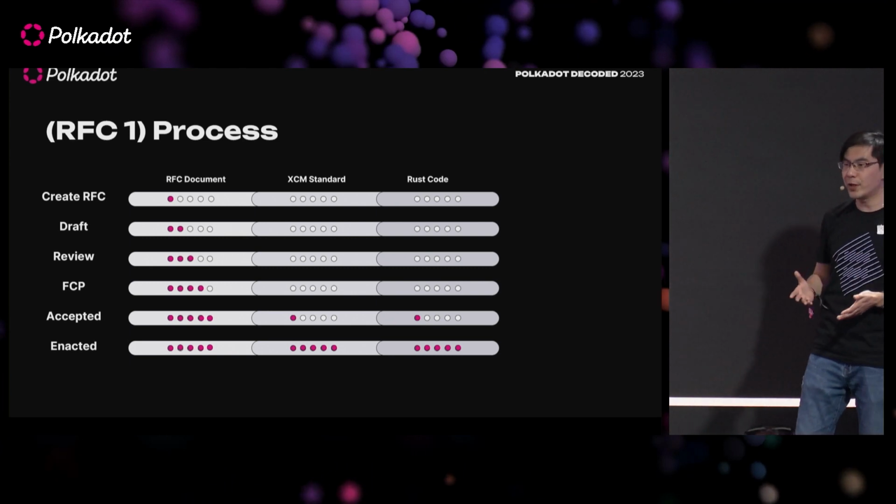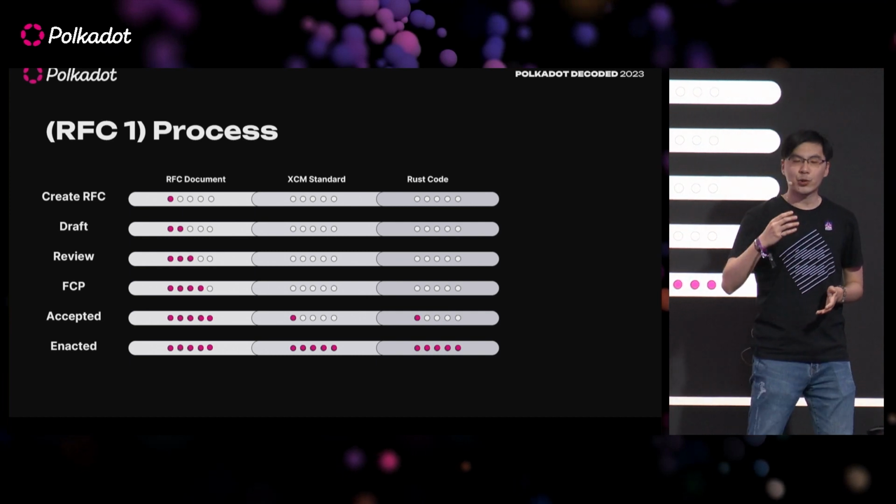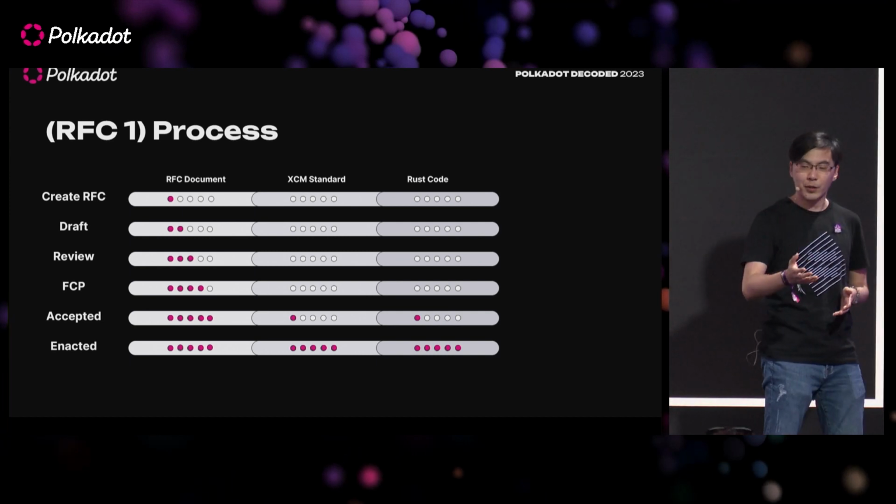But the vision here eventually is to have some sort of fellowship that encompasses all the parachains together to accept and judge on these proposals. It makes sense since they are the main users and beneficiaries of XCM.